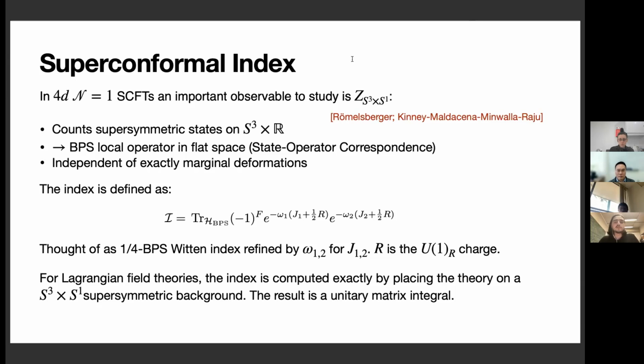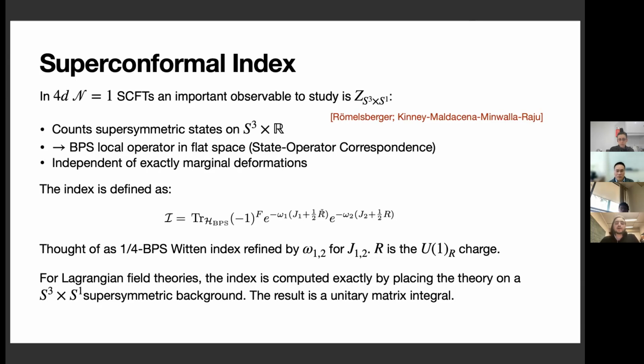And it is also known that this observable is very special because it's completely independent of exactly marginal deformations. And we can define it as the trace over the Hilbert space of the theory on S3, refined by 2 fugacities for the angular momenta J1 and J2. These are the angular momenta of SU(2) times SU(2).